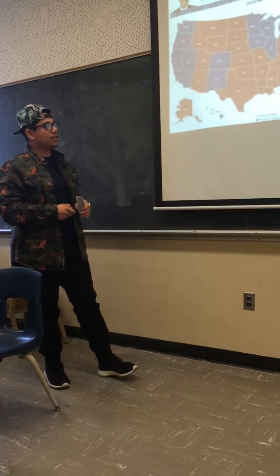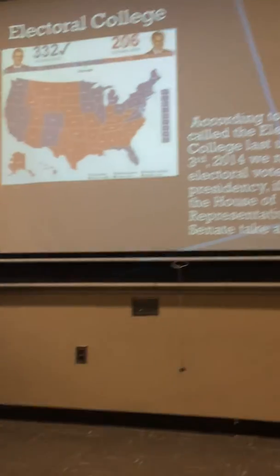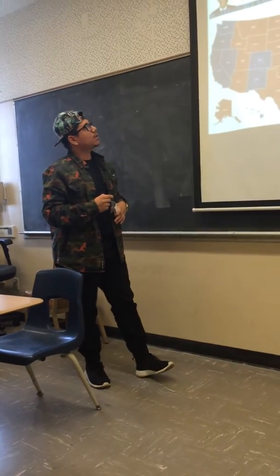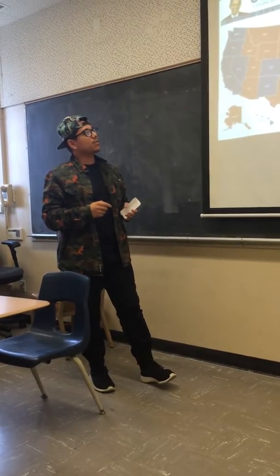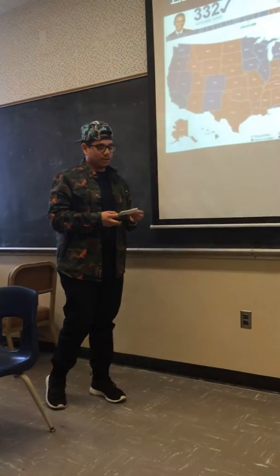And if a tie occurs, the House of Representatives and the Senate take a vote to break the tie. So in the last election, Obama got 332 electoral votes and Romney got 206. So it's obvious who the winner was.